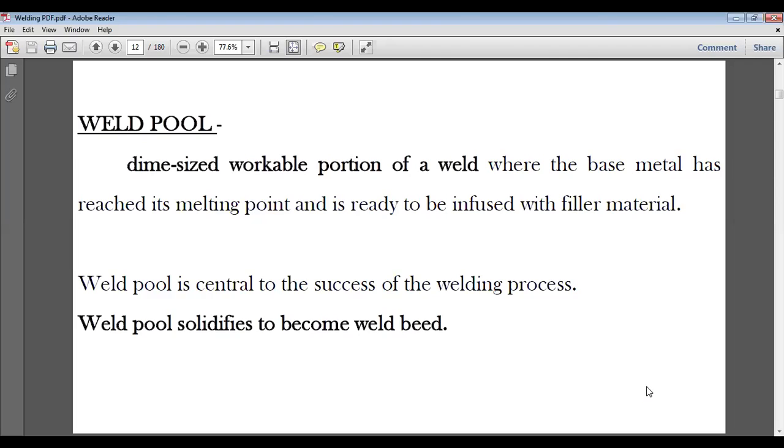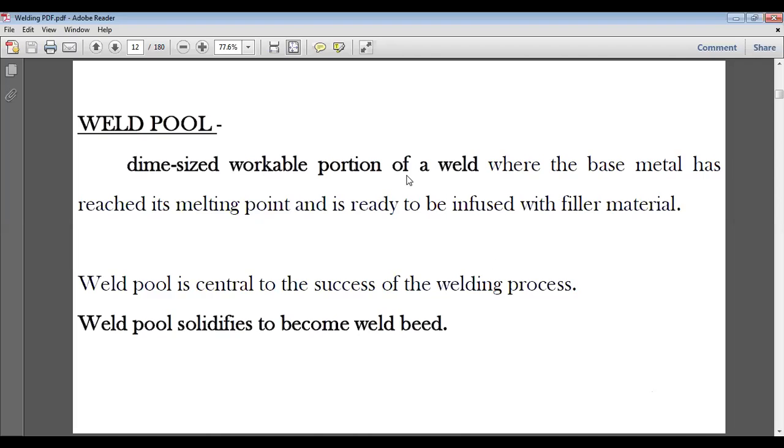If the whole part were converted into liquid, welding could not be done, and it would have to take shape again. So the whole metal is not converted into liquid, but at the edge where we have to join, a slight crater is created in order to fuse the two parts together, and this is called the weld pool.